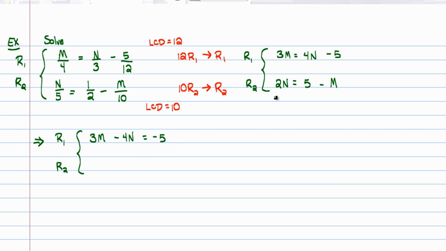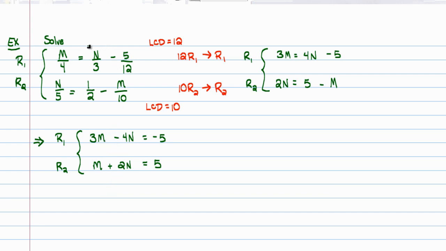In my second row, I'll add m to both sides, so I have m plus 2n is equal to positive 5. That's very important because if you don't do that, you can't really stack the equations nicely. You have to stack them so that you have the like variables above one another to be able to do the elimination method.